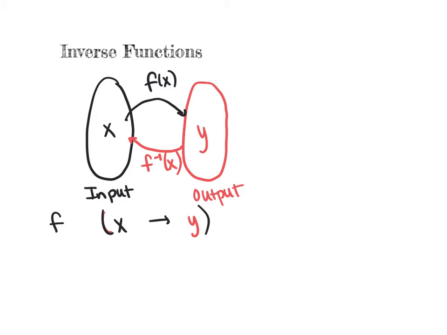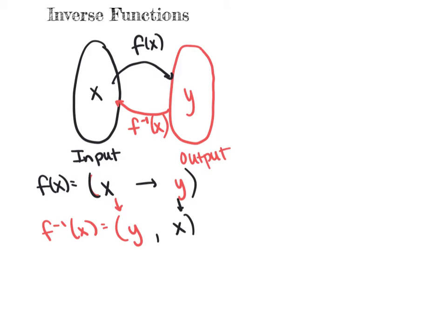In the inverse, f inverse of x, the x's are going to switch to the y's, and the y's are going to switch to the x's. So we're literally switching x and y.